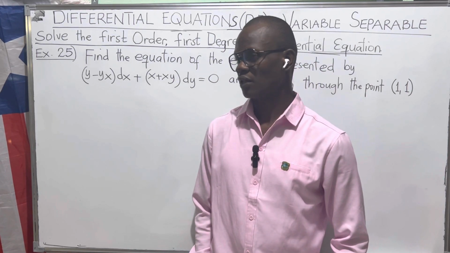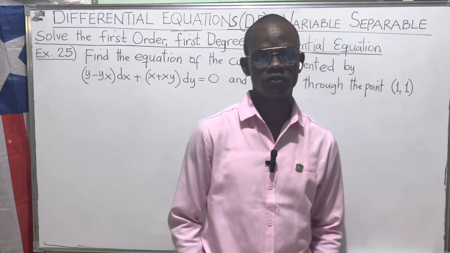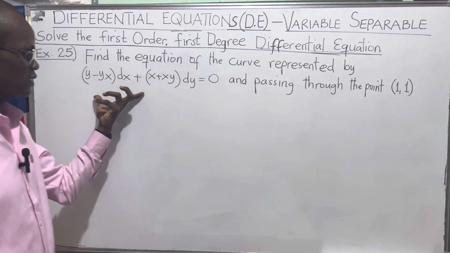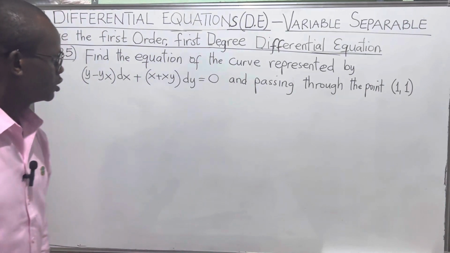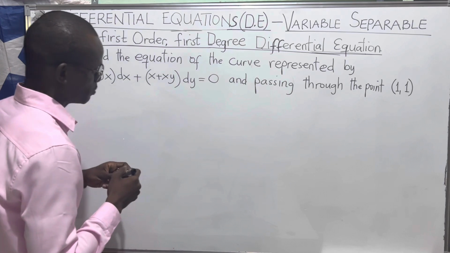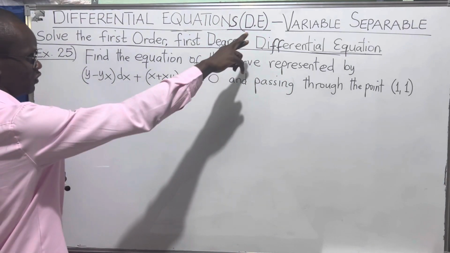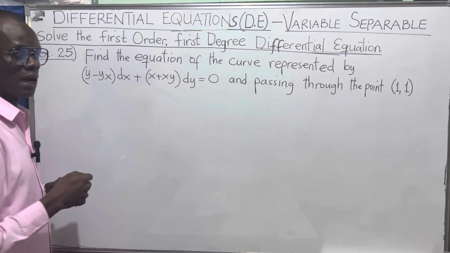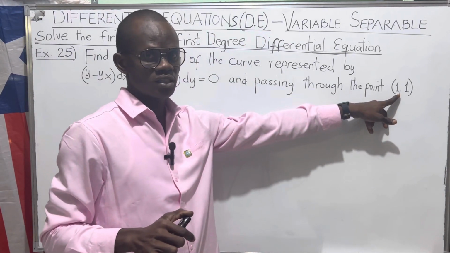So we want to apply that method in this problem to find the equation of the curve that is represented by this differential equation and is passing through the point 1, 1. In order to find the equation of that curve, we must first solve this differential equation using variable separable and find the value of the arbitrary constant c using these points.